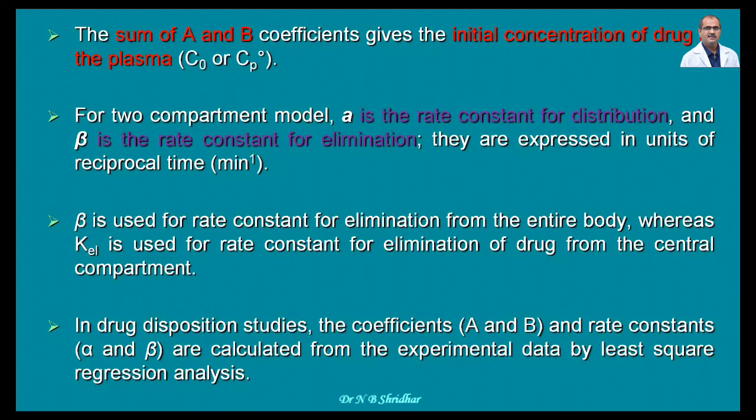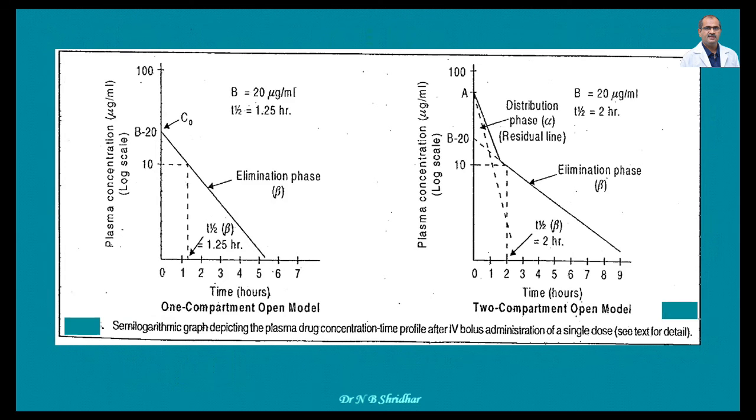In statistical analysis there are a variety of analytic methods. Whenever you administer a drug to an animal and take blood at time intervals of 1 hour, 2 hours, 3 hours and so on, while calculating the plasma concentration you follow least square regression analysis. Once again, you can see that the distribution phase is alpha, whereas the elimination phase is beta.